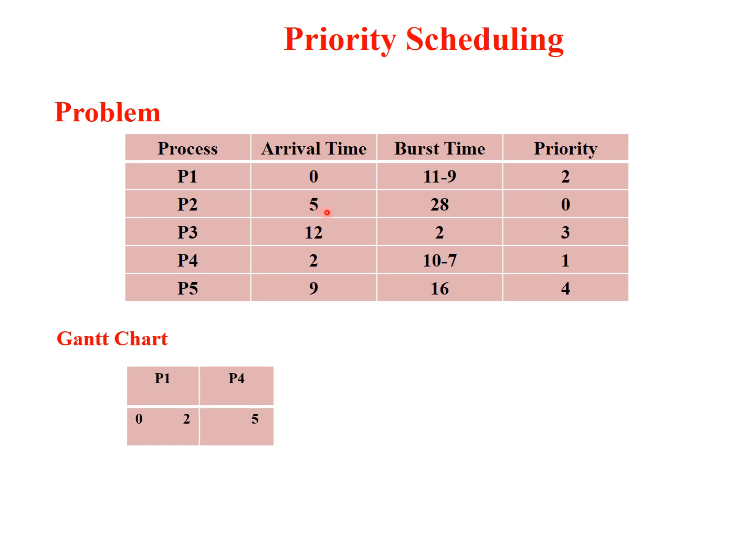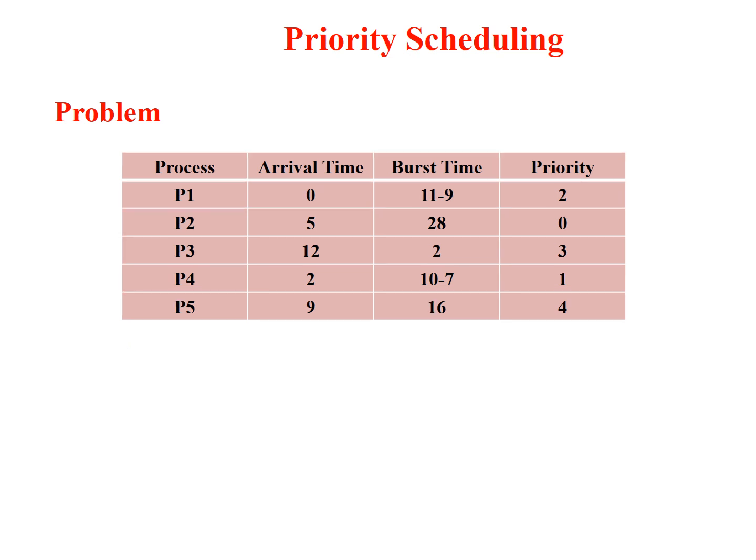At time 5, there is a process P2 coming in, and the priority of P2 is 0, which is the highest priority among all the processes. So we stop P4 and allow P2 to continue. P4's burst time has reduced from 10 to 7 because it executed for 3 milliseconds, from 2 to 5.